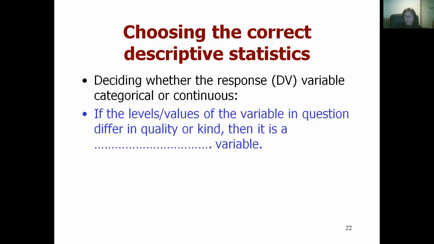That should be a very, very easy question for you guys. What does it mean for a variable to differ in quality? Does anybody have an answer to that question? Thomas, I think you can do it.